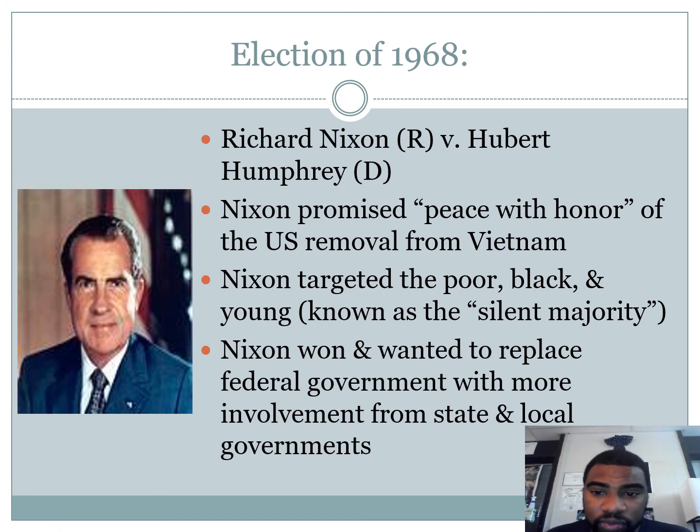Nixon promised peace with honor and the U.S. removal from Vietnam. Nixon targeted the poor, black, and young, known as the silent majority. Nixon won and wanted to replace federal government with more involvement from state and local governments.